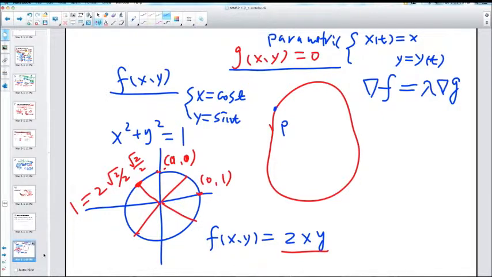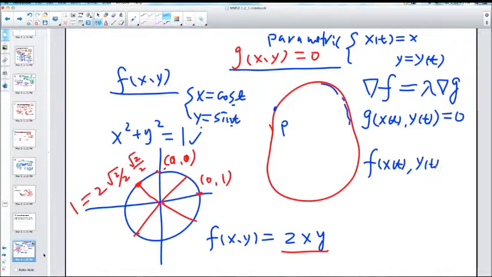If we add x squared to y squared, the Pythagorean theorem gives cosine squared plus sine squared equals 1. So here I have g(x(t), y(t)) equals 0. You move along this curve, and you want to find f(x(t), y(t)) to be either maximum or minimum.